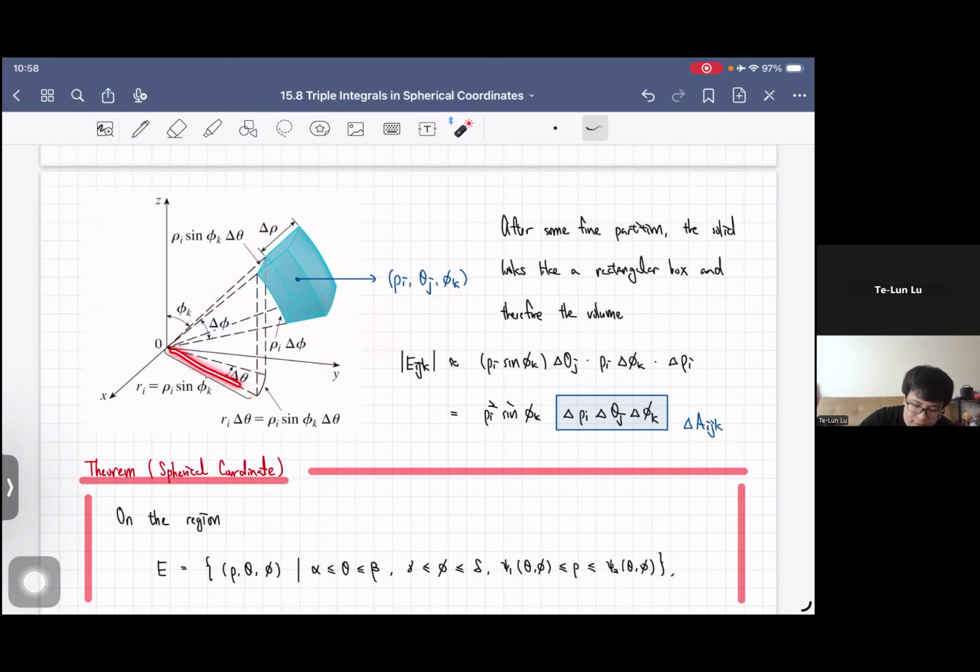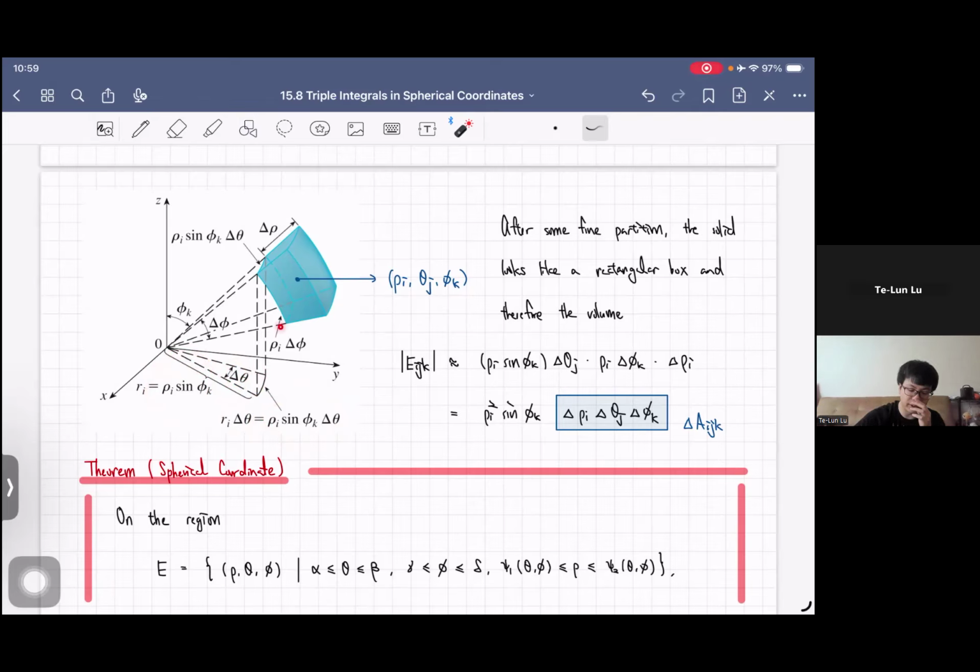Because if we have the radius, then we can evaluate the width. If this is rho_i sine phi_k, then by the formula for the circumference of a circle or a sector, you simply have r_i multiplied by delta theta to get this small length, which is rho_i sine phi_k delta theta. So that is one of the lengths of this rectangular object.